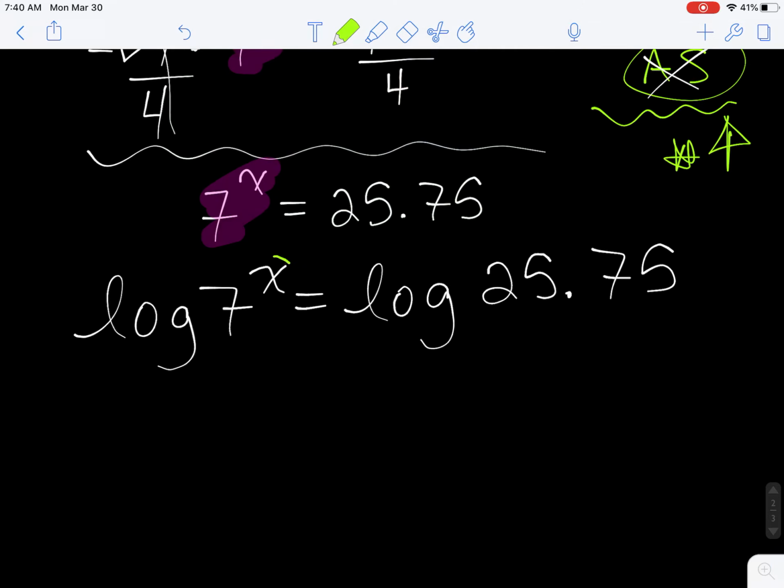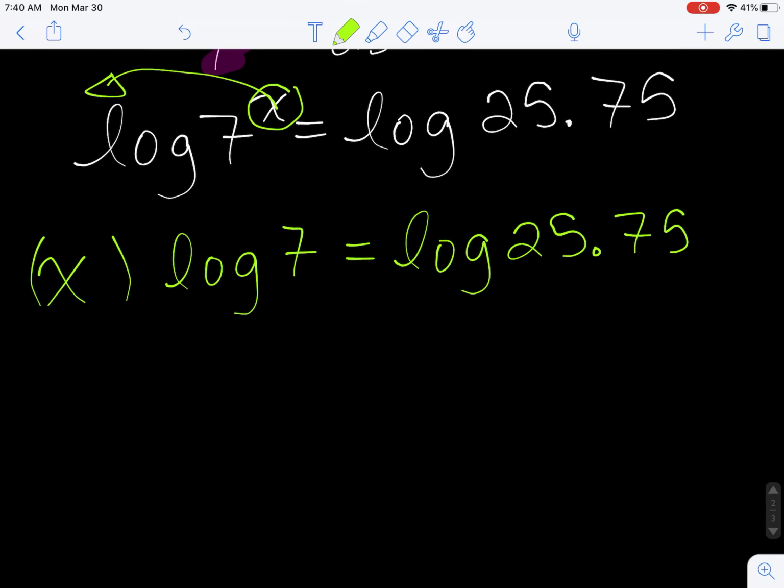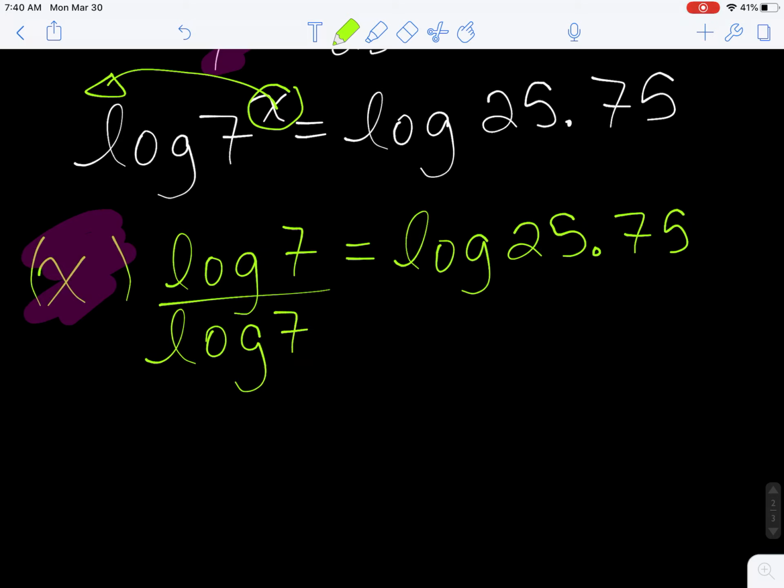Let's apply our power property, because if we do the opposite of exponentiating, it allows us to take that exponent out of that position, because that's what a log does. Rewrite our problem. And you guys will get good enough to where you'll just be able to go through these so quickly. We need to get x by itself. So we need to divide log 7 to the other side, since those two are being multiplied because they're up next to each other.